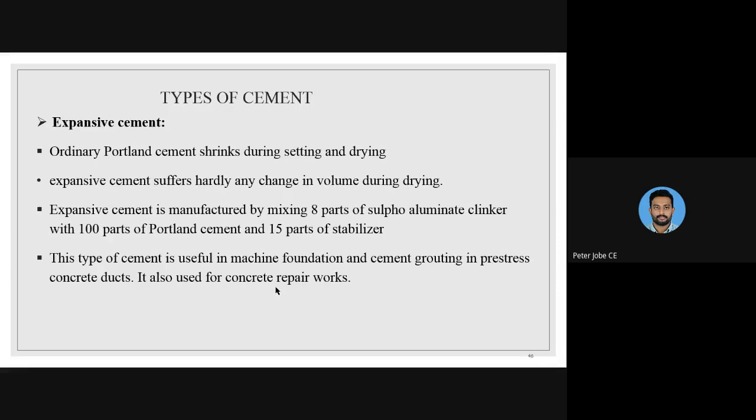Otherwise, if the crack is closed with ordinary cement, after some days when the cement dries, there will be some space in the place where we have done the repair work. That's the reason we use expansive cement. You need to understand that the reduction in volume won't be there in expansive cement after it reacts with water.